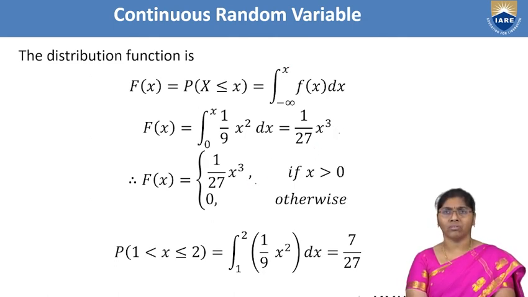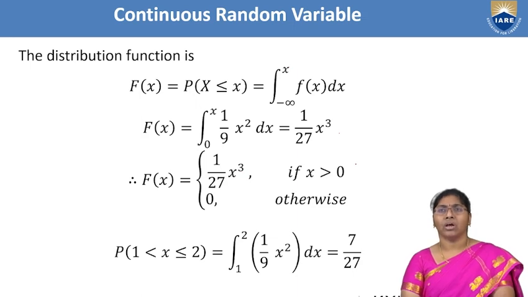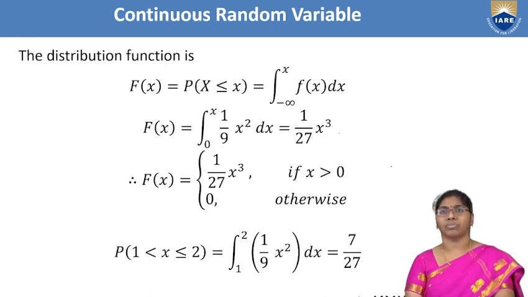Now we simply write it as the cumulative distribution function. This cumulative distribution function is, for x greater than 0, earlier it is k into x square, now it is 1 by 27 into x cube, and 0 for the remaining others. That is the cumulative distribution function.